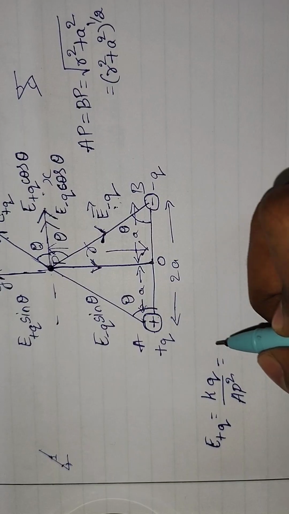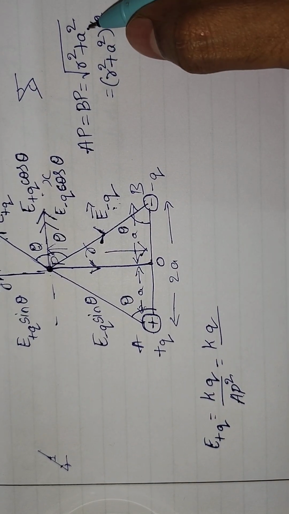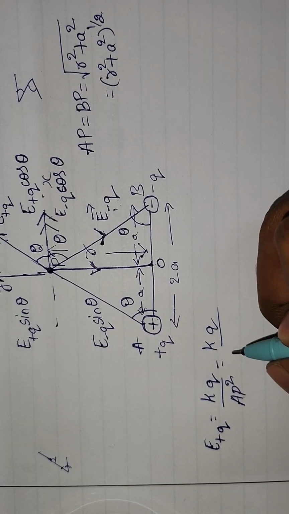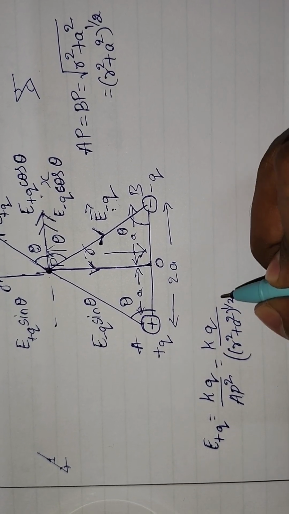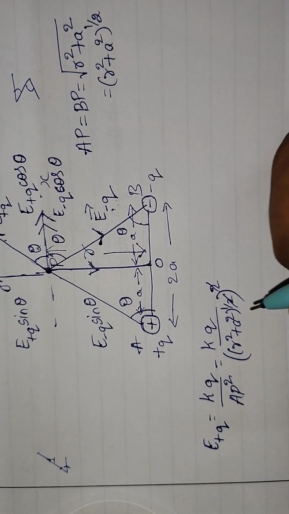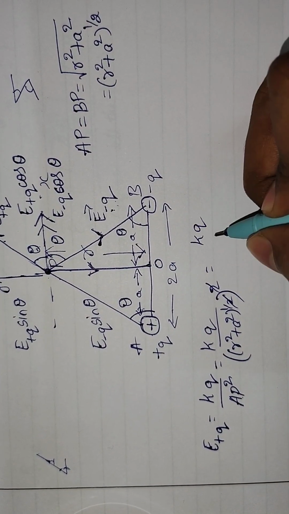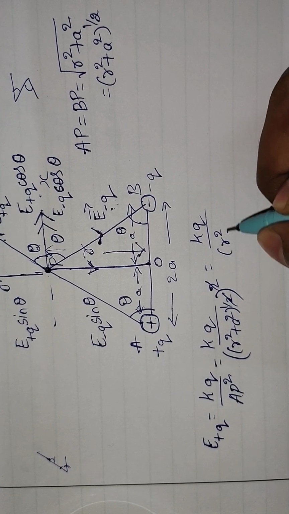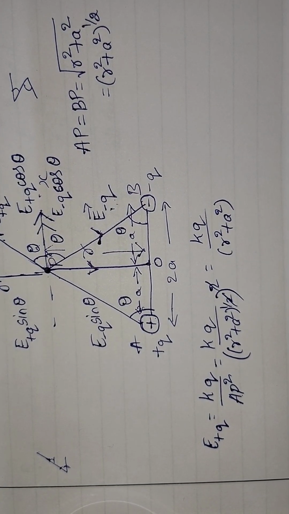So this is equal to kq by, what is AP equal to? R square plus a square whole power 1 by 2. So r square plus a square whole power 1 by 2. Again whole square is there, so this square and square root will get cancelled. So ultimately you will have kq divided by r square plus a square. This is the electric field due to positive charge.